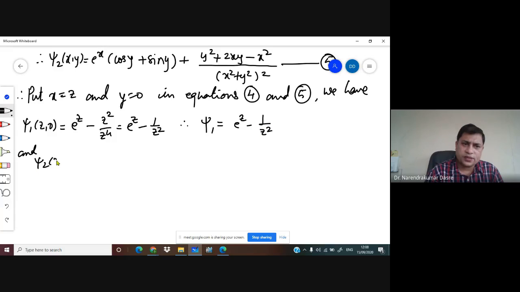And what will be psi 2 of z0? So this is again e raised to z. This term is minus z square upon z raised to 4. So it is e raised to z minus 1 upon z square, and hence we got psi 2.